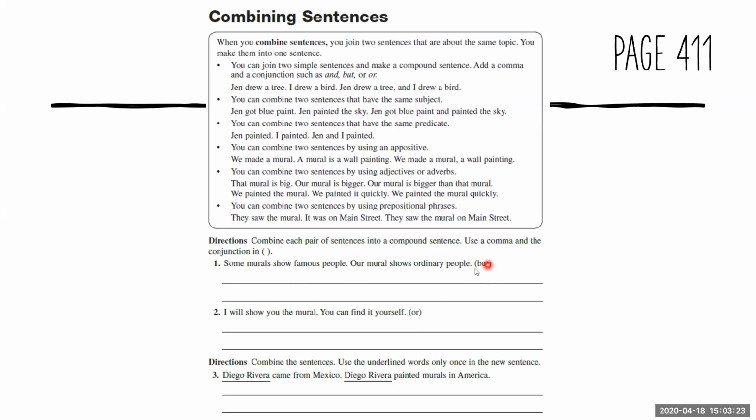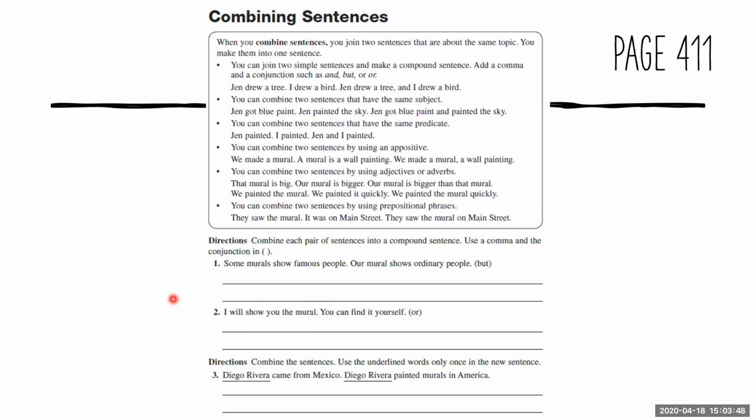If we're going to use the conjunction, we're going to replace the full stop with a comma, and we are going to put a but in place there and take that capital O and make it a lowercase o, right? Number 2, I will show you the mural. You can find it yourself. I will show you the mural, comma, or, lowercase y, you can find it yourself.